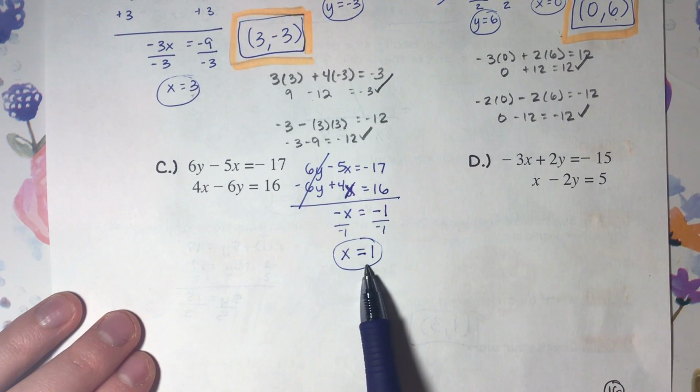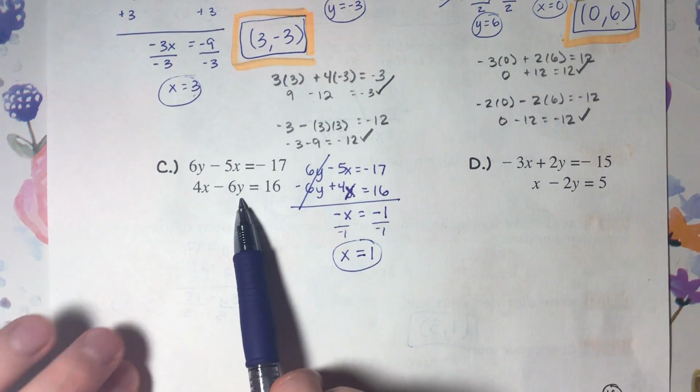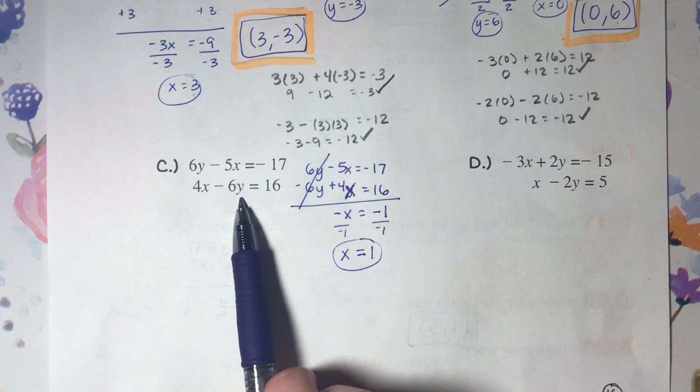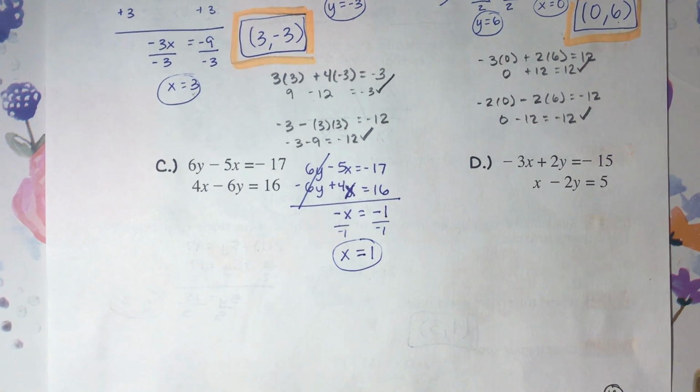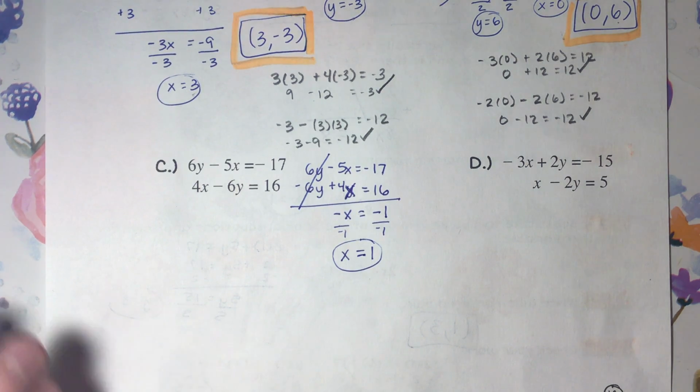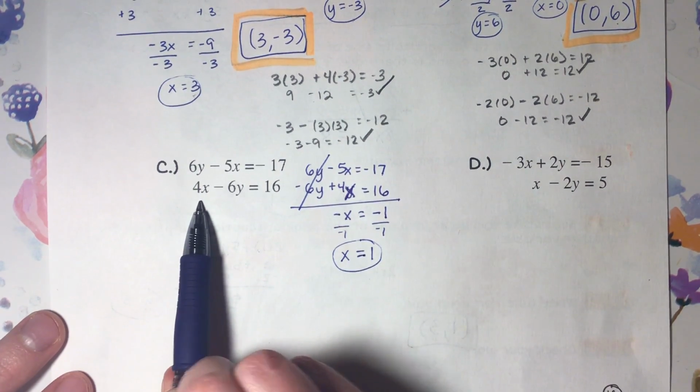Now that I know what x is, I can use this information to figure out what y is. I'm going to take that number and replace it in one of the equations. I'm going to replace it in the bottom one.